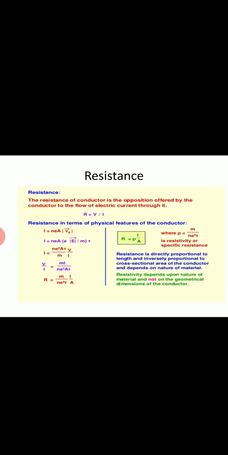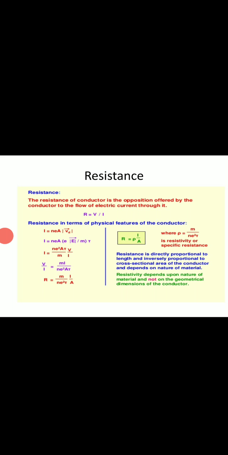What is this relaxation time? Relaxation time is the time between two successive collisions of the electrons. The less the time, the more the resistance. The more the time, the less the resistance. The next term associated with it is resistivity.